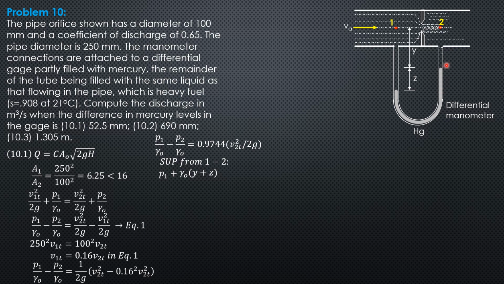Then we go up, so that's minus, take note this is mercury, so minus 13.6 times gamma of water times Z, minus the specific weight of oil times Y. Then equals the pressure at point 2.